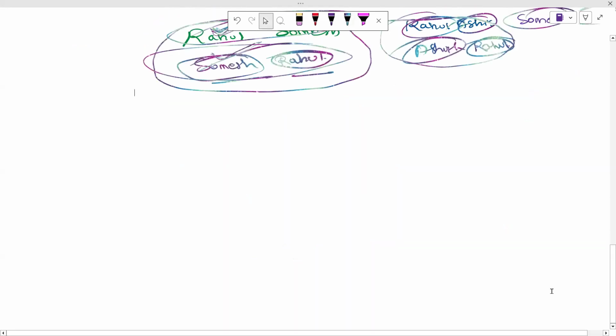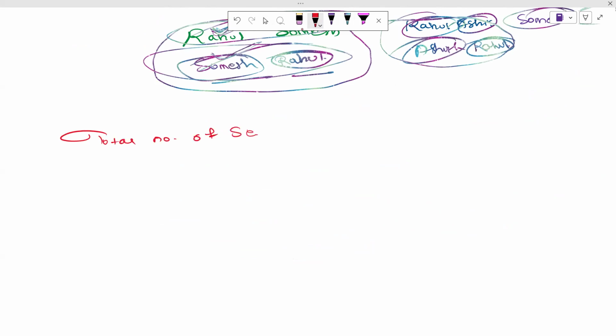Now, next. So I can say that because of this, the total number of selections is nothing but what? So here x, assume that the x. So it means what?